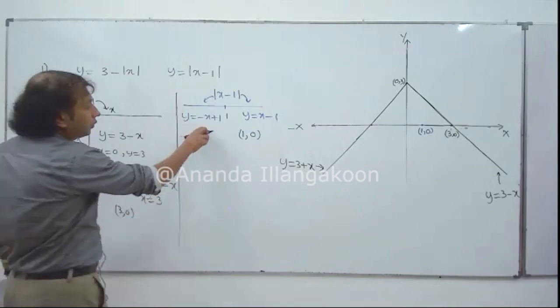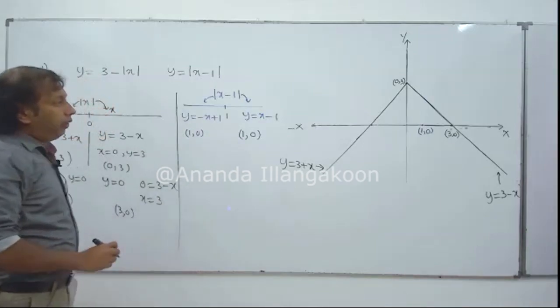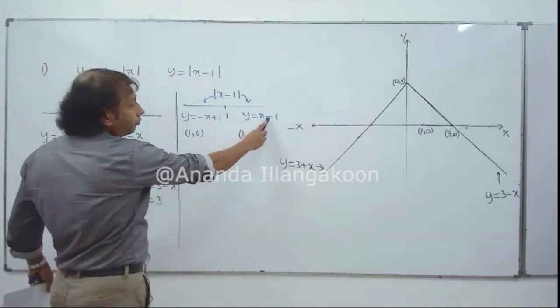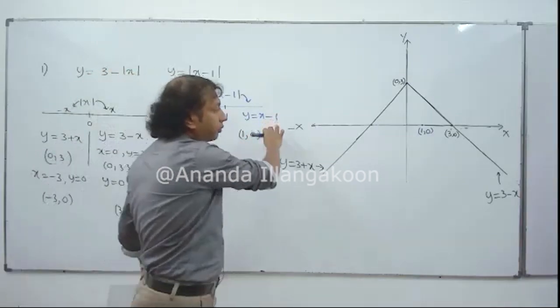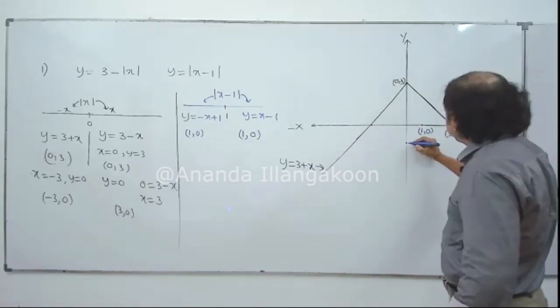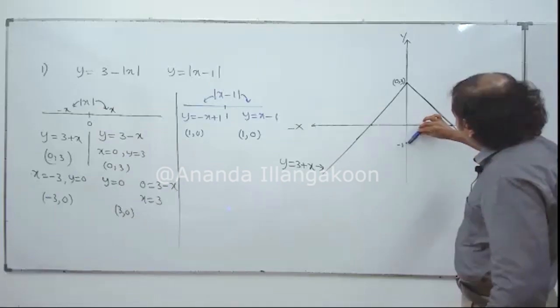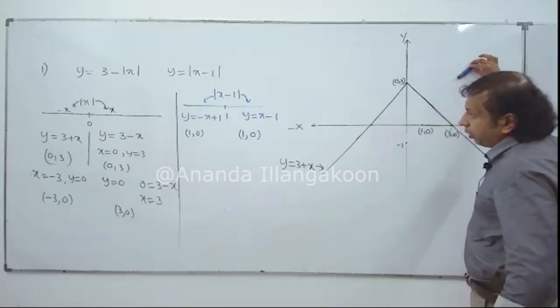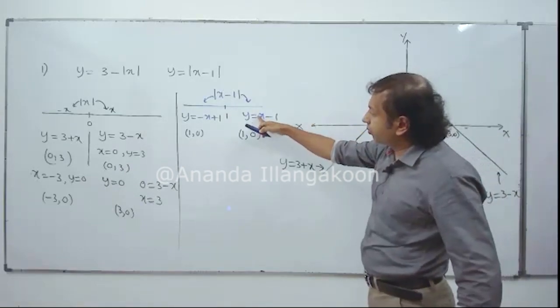Here also, this one is (1, 0). Another point we need here so that I can take its intercept. Intercept is minus 1, here. You have joined this and this, and the line you have produced this way. Here the gradient is 1.